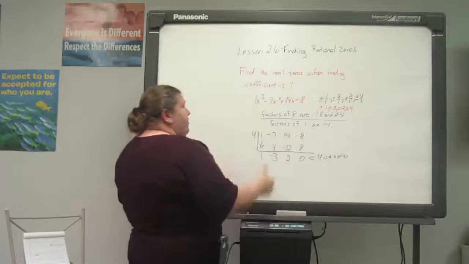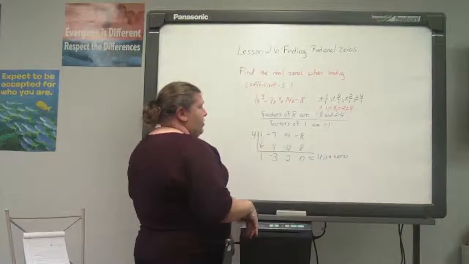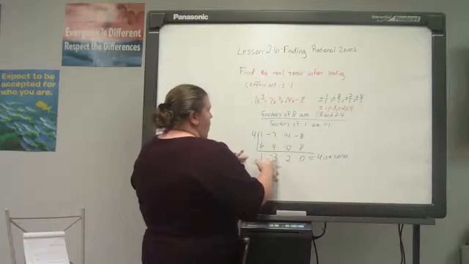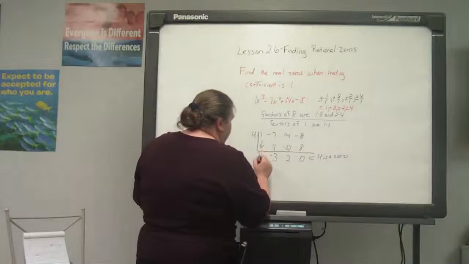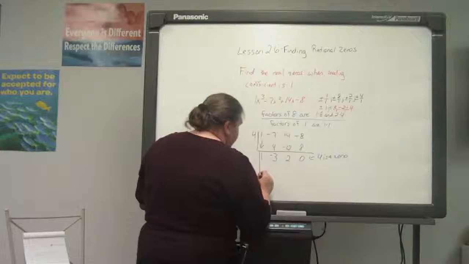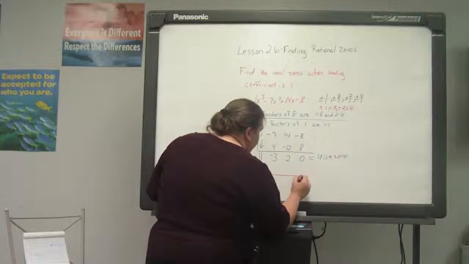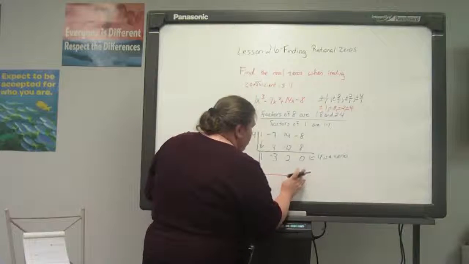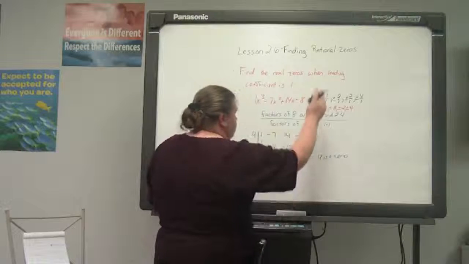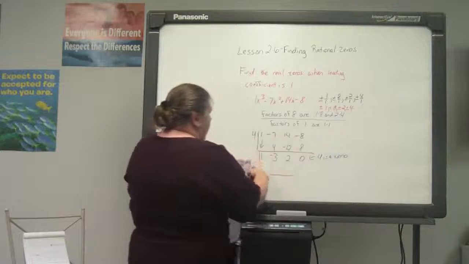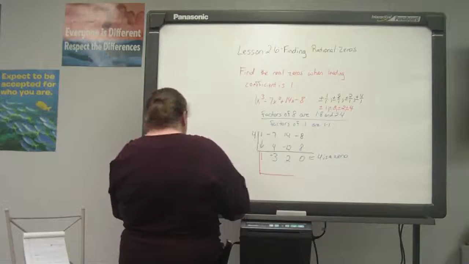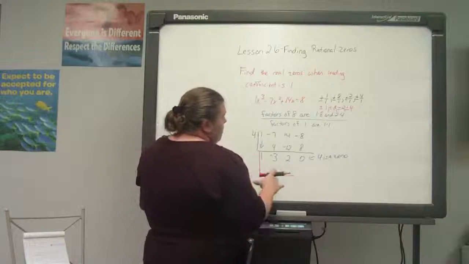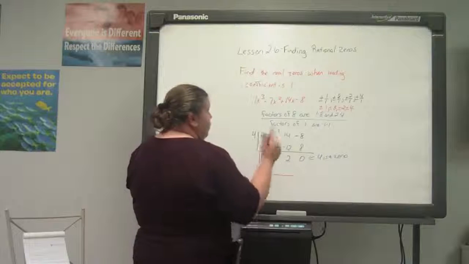Now, we have to find all the real zeros. And so what we're going to do now is make another synthetic box. And we're going to choose another one of these numbers to see which one can get us to 0 again. This time, let's try 2.